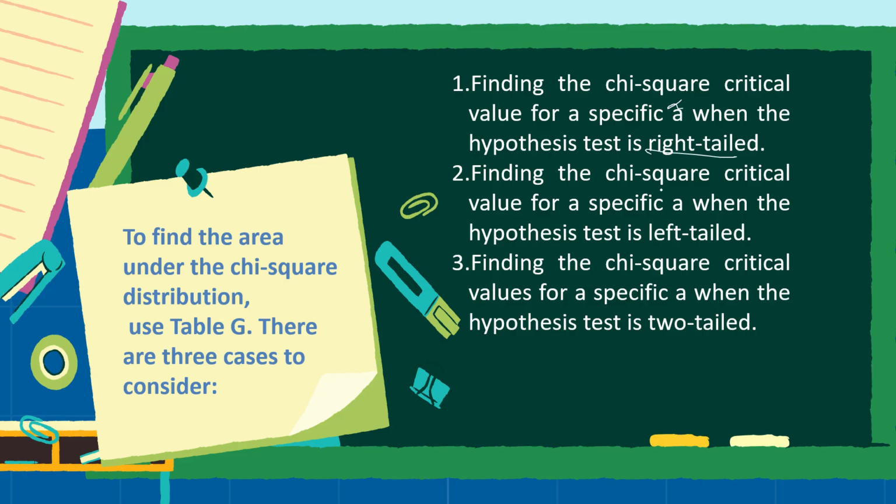Second is finding the chi-square critical value for a specific alpha when the hypothesis test is left-tailed. And the last one is finding the chi-square critical values for a specific alpha when the hypothesis test is two-tailed. So these are the three cases to consider.